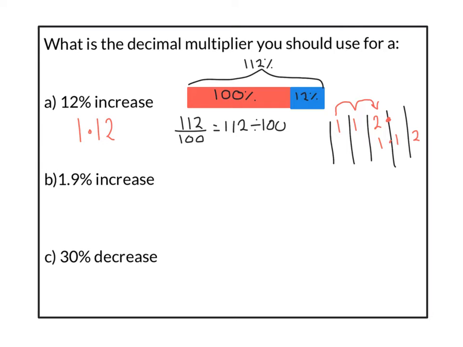Okay, so part B, so I need another 100% bar. So here's my 100%. And it's a 1.9% increase, so I need another bar, and it's only going to be a very small bar.